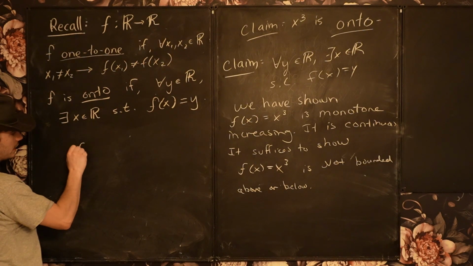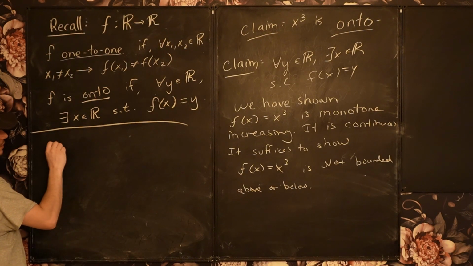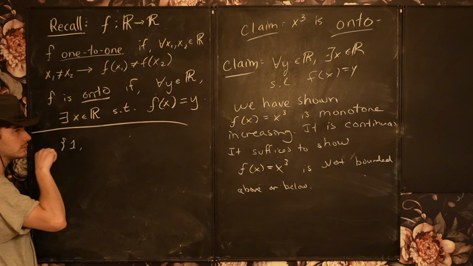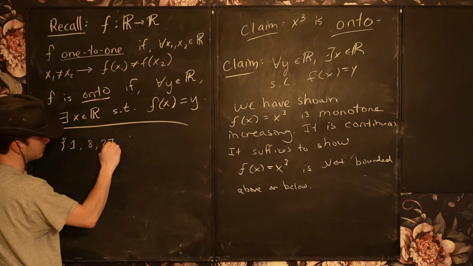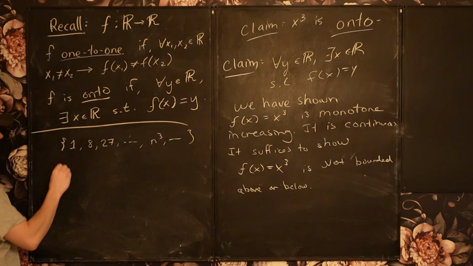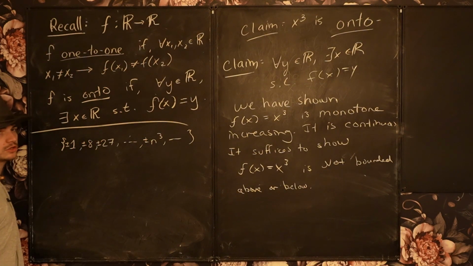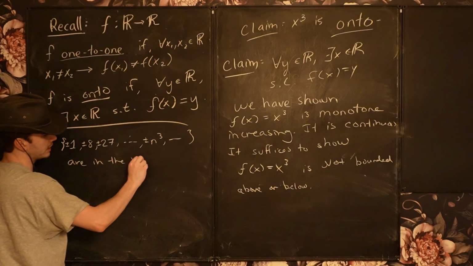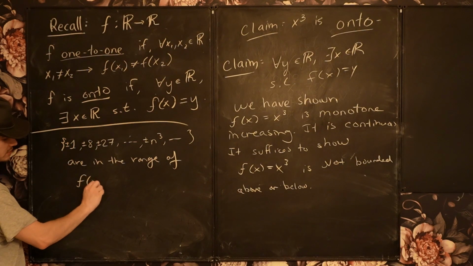Note that the sequence 1, 2 cubed is 8, 3 cubed is 27, n cubed, etc., and then plus or minuses everywhere, so plus or minus n cubed. All of these numbers are in the range of f of x equals x cubed.